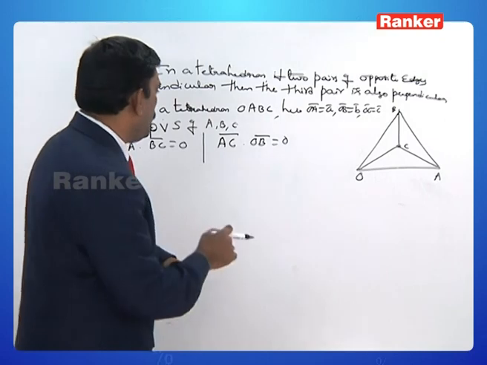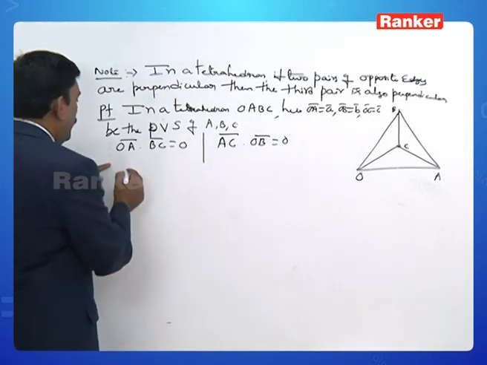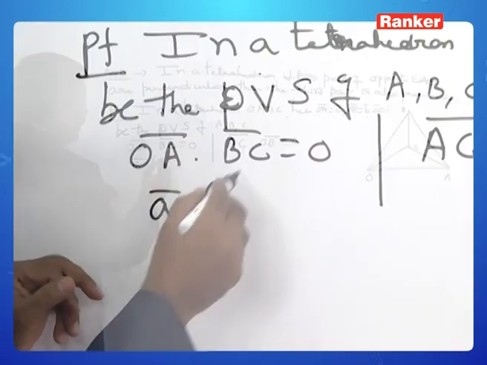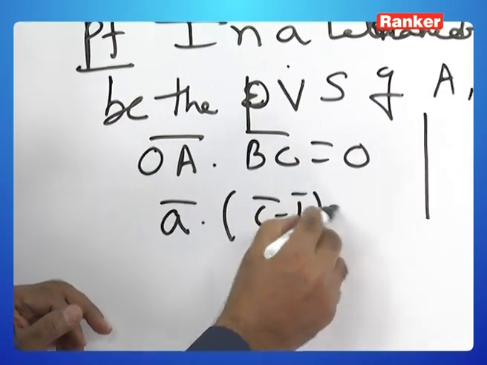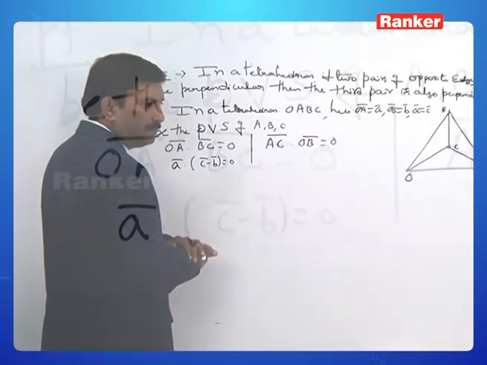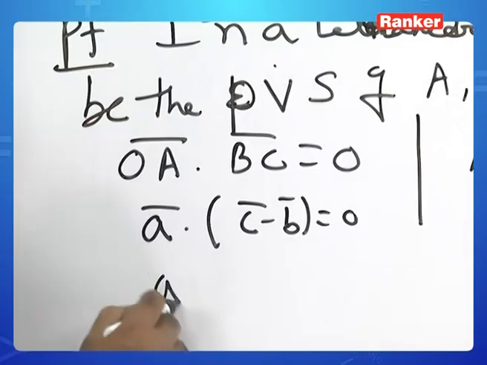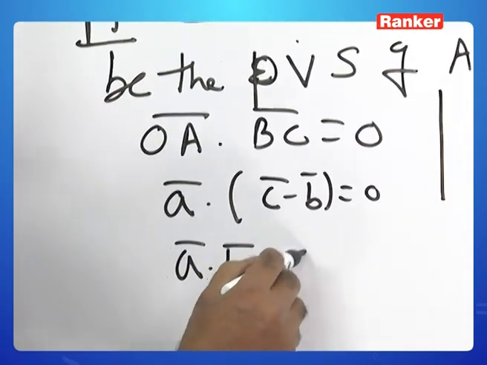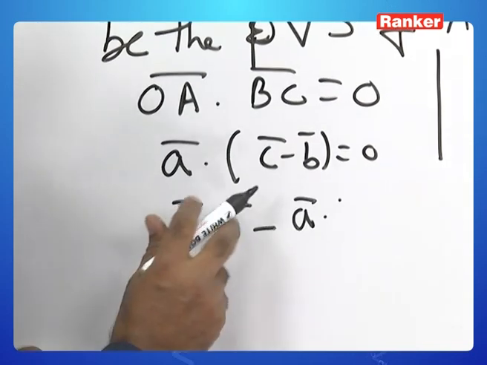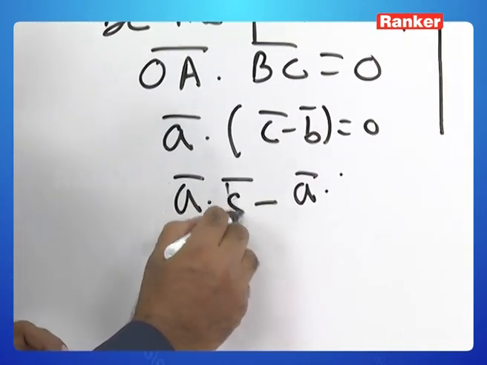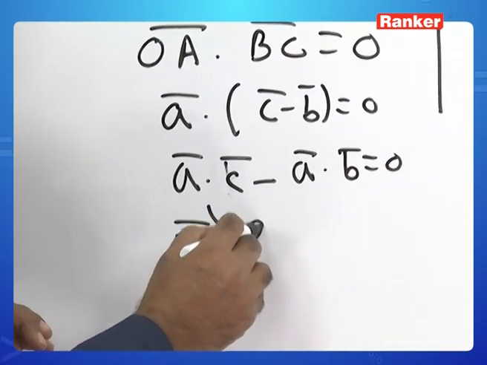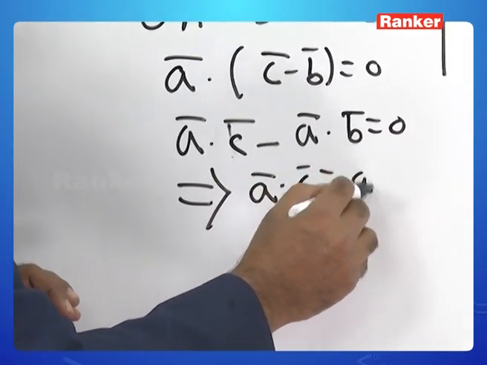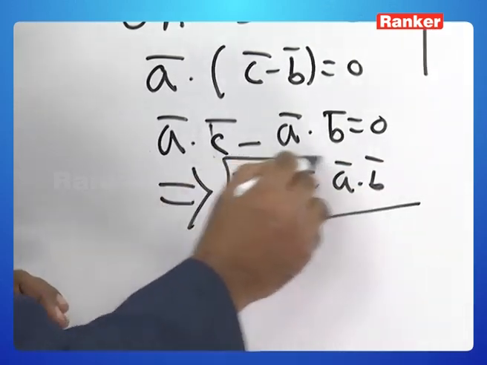So therefore, now OA bar is a bar. This is BC, so I can write c bar minus a bar is equal to 0. Now take the dot product: a dot c minus a dot b is equal to 0, which implies a dot c is equal to a dot b.